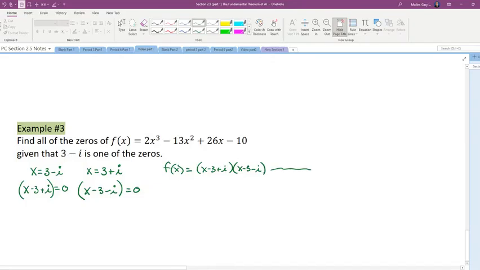So if I multiply these together, they're two trinomials essentially, so I've got to do a three-way distribution. x times x is x squared, minus 3x, minus xi.